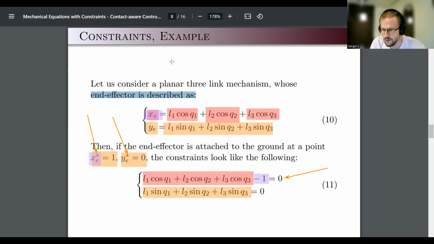Why? Well, because remember, our xe star is also equal to 0, right? So equation 11 describes for us the way we can write constraints for Lagrange equation with constraints. That is how it looks like. All right? Questions?